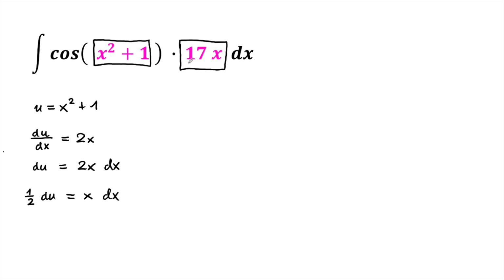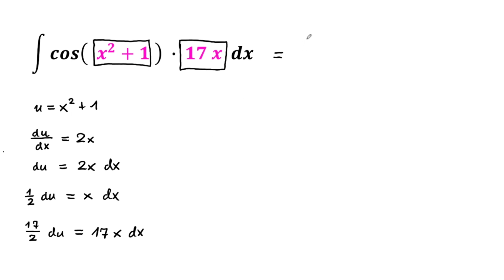In our function we have 17x dx, so we multiply both sides of this by 17. So we get 17 over 2 du equals 17x dx. And now we can do the substitution.